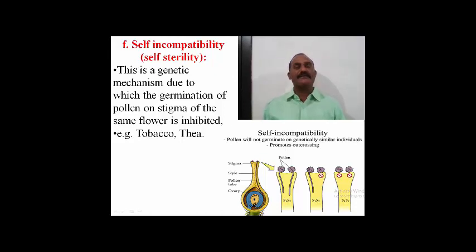The pollen grains of the same flower are prevented from germination, and pollen grains from another flower are facilitated for germination. Most commonly you can have the tobacco plant as well as Thea sinensis, the tea plant, as examples of self-incompatibility or self-sterility. So these are the contrivances for cross-pollination: they avoid self-pollination and facilitate cross-pollination.